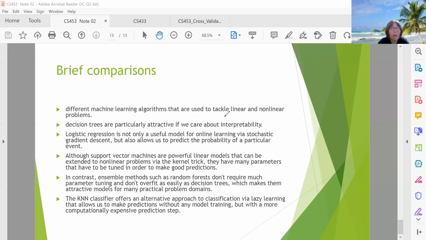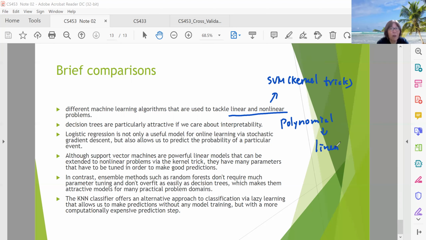Linear and non-linear, we already saw: for SVM we have the kernel trick, and sometimes for linear we can also borrow polynomial and convert it basically to linear, to tackle nonlinear and linear problems.